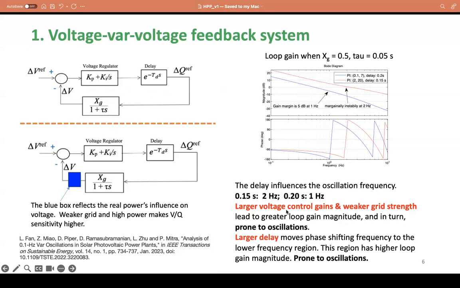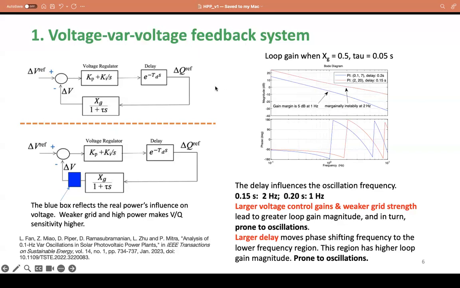Of course, with larger gain and weaker grid strength, meaning larger XG, you can see oscillations. And with a large delay, you move the oscillation frequency lower. But lower is bad because the gain is usually larger in the low frequency region. So that's the voltage var oscillation.